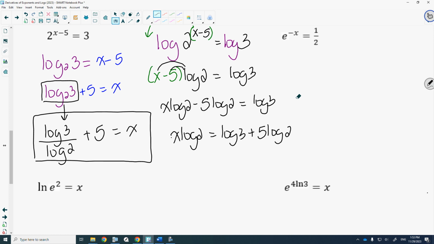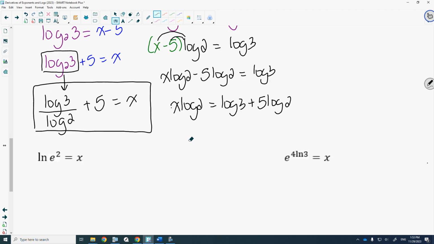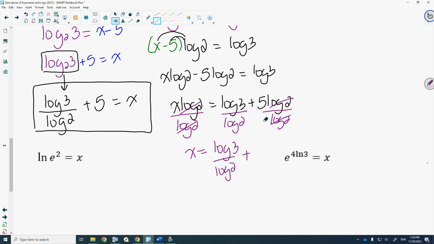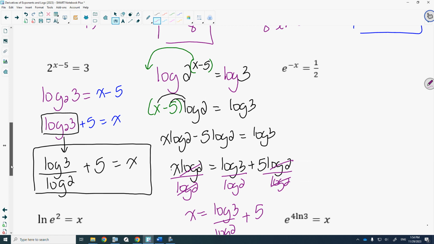Now I want to get rid of x by dividing out that log of 2. So I'm going to divide each of these by log of 2. Then I have x is equal to log of 3 over log of 2, plus 5. Okay, so you have to be comfortable with both.